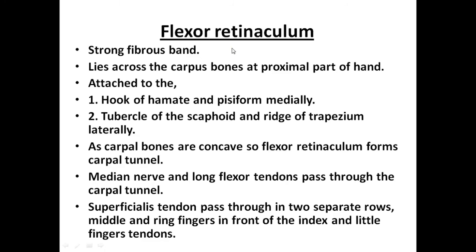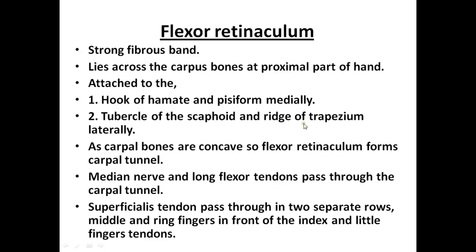Now the flexor retinaculum is a strong fibrous band. It lies across the carpal bones and covers the concavity of the carpal bones to form a tunnel. The attachment of the flexor retinaculum on the medial side is to the hook of the hamate and the pisiform, and on the lateral side it attaches to the tubercle of the scaphoid and the ridge of the trapezoid.